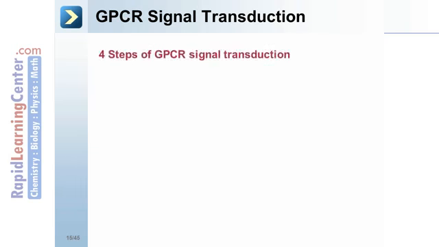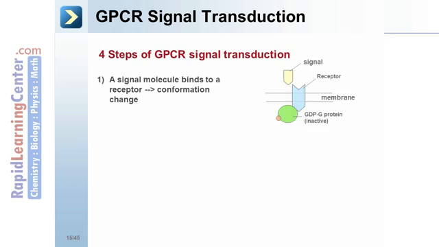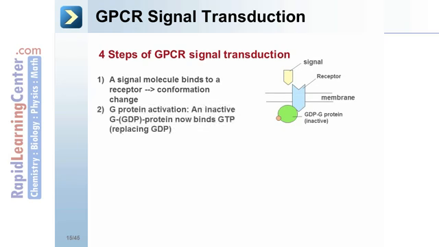GPCR signal transduction. 4 steps of GPCR signal transduction. 1. A signal molecule binds to a receptor, inducing a conformation change. 2. G protein activation.